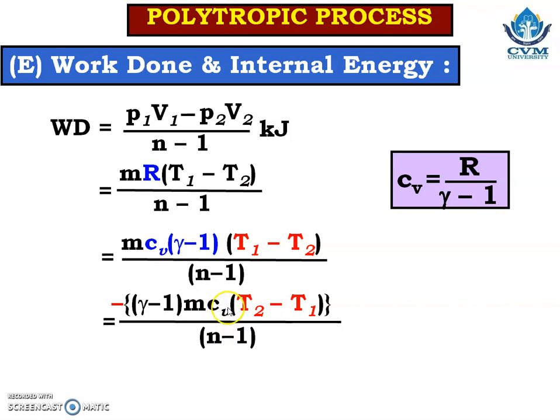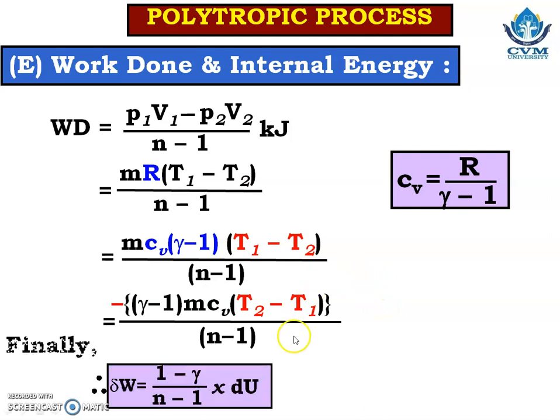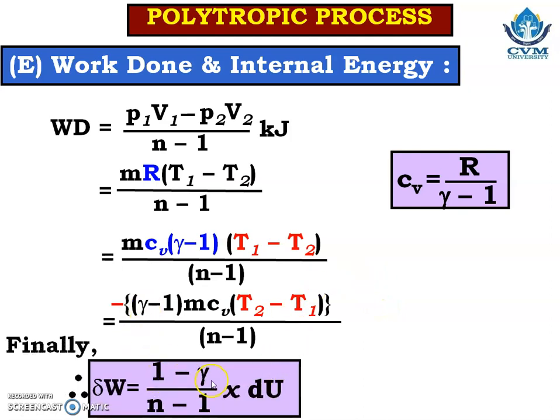Now mCV (T2 minus T1) is the change in internal energy, that is delta U, so we can write down (1 minus gamma) divided by (n minus 1) into delta U, and that is equal to delta W. So that is the relationship between work done and internal energy.